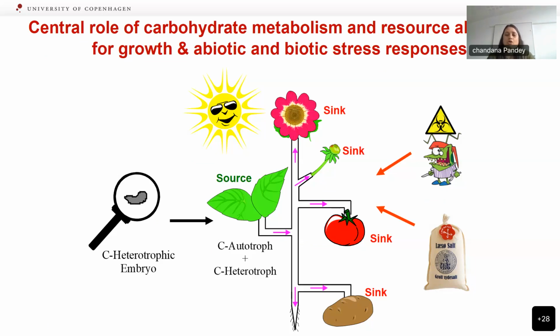So there are a lot of things which play an important role in carbohydrate metabolism. And finally, after the environmental effect, we are also very interested to know how the allocation is happening, how much energy is transferred from the source to the sink, where all the agriculture and farmers are interested, that is yield production.